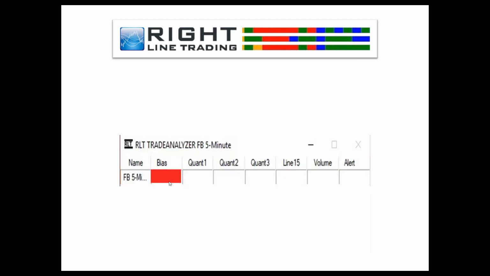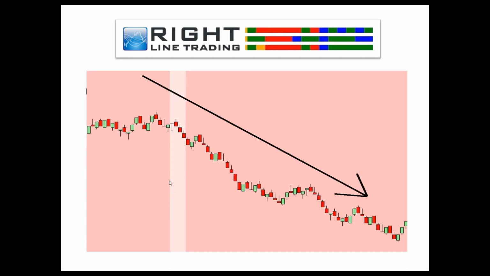And that's what sets this color off. You have a multi-time frame alignment, and this is when you get a tremendously powerful directional bias. The system knows it can only take a short trade.